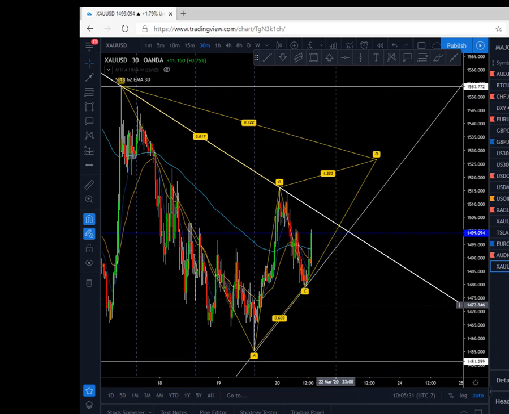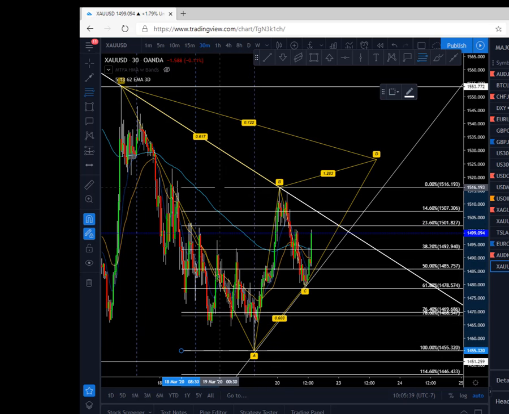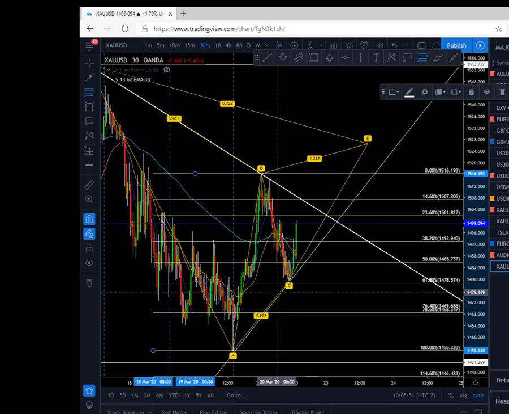And the minimum for the C point is 38.2 using the fib retracement from A to B, which, as you could see, it exceeded this Fibonacci level. Kind of seems like it was trying to tag the 61.8, but it didn't.